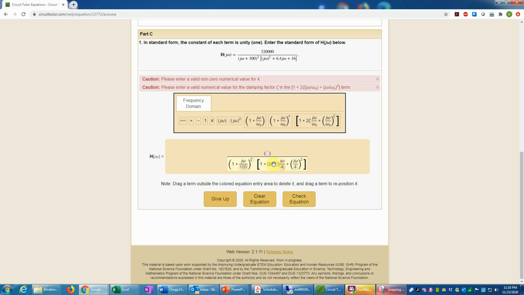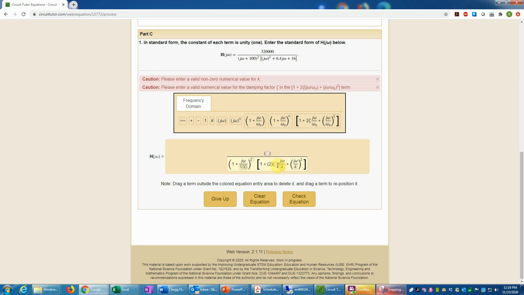Now I need to figure out what zeta is. And if you think about it here, I have 6.4 here. I have to divide that by 16 to make this constant 1. So 6.4 divided by 16, that's going to be 0.4, right? Because 64 over 16 is 4. So that's going to be 0.4. And so this altogether needs to give me 0.4. Well, 2 divided by 4 is 0.5.